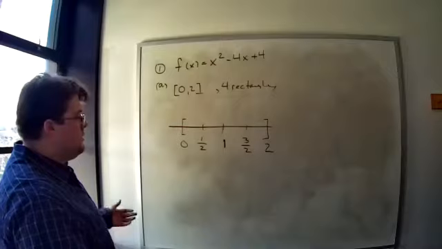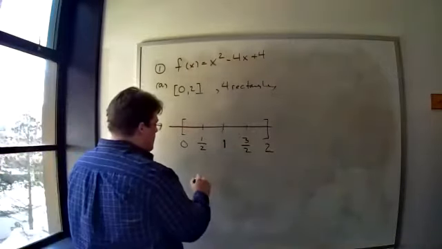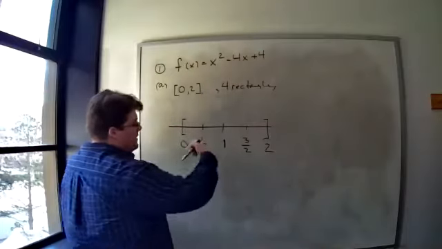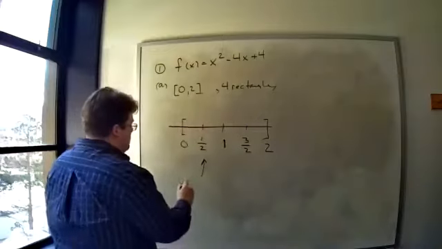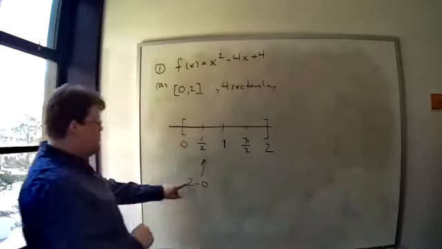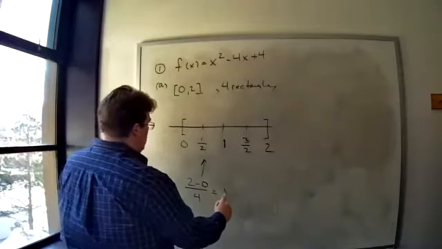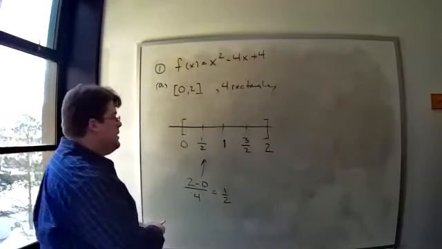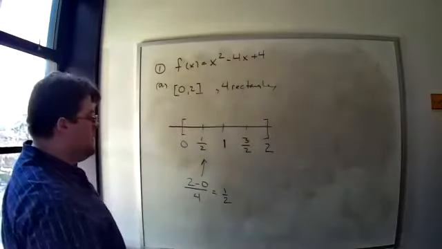And you can find them like that. You could also find this by taking the entire interval. We're dividing the interval 0 to 2, which has length 2 minus 0, which is 2, and dividing it into 4 pieces, which tells us each subinterval will have length 1/2.